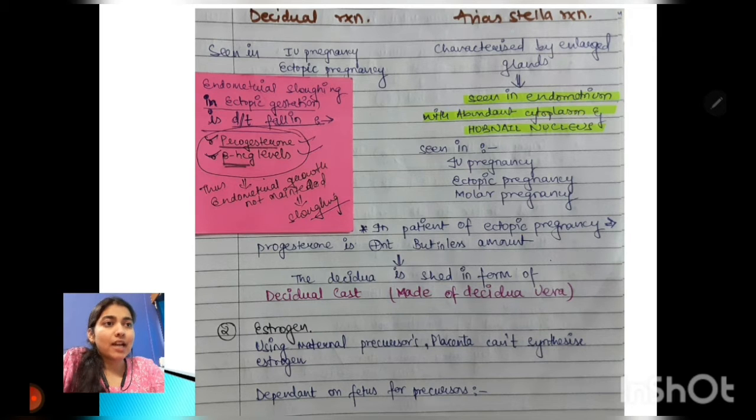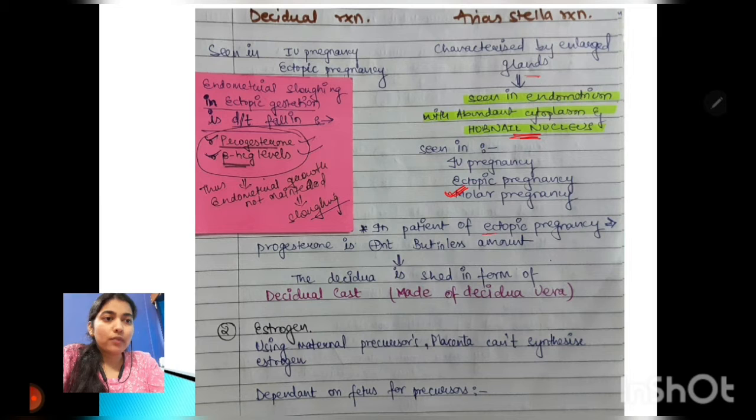The Arias-Stella reaction is characterized by enlarged glands in the endometrium with abundant cytoplasm and hobnail nuclei. It is seen in intrauterine and ectopic pregnancy and also in molar pregnancy.